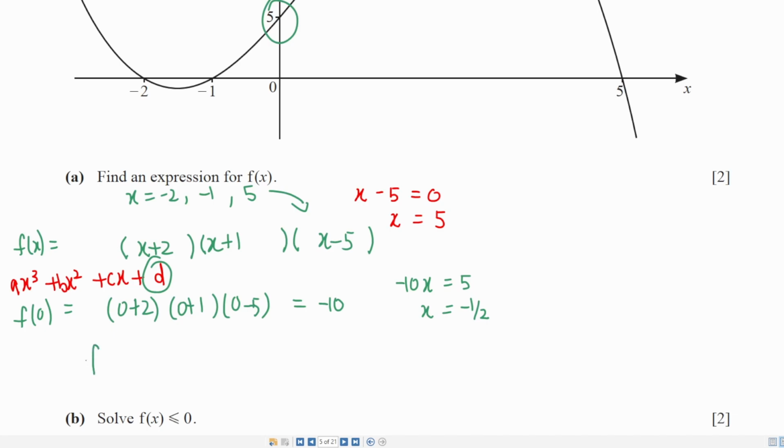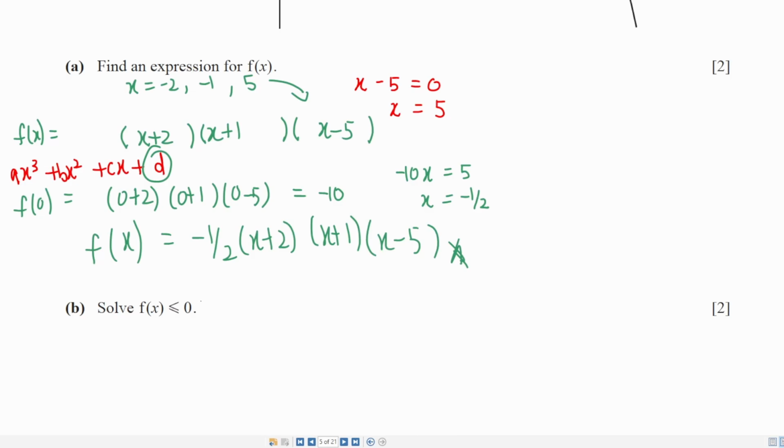So our final expansion is f(x) equals negative half, x plus 2, x plus 1, and x minus 5. That's it.